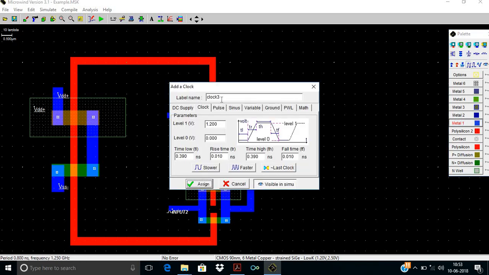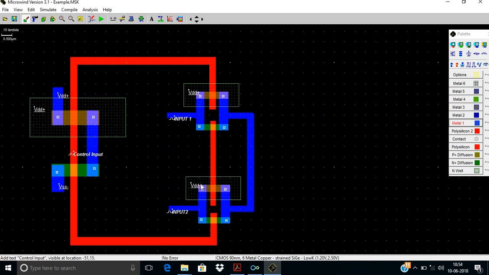This is the control input. Control input and output of control input is connected here.